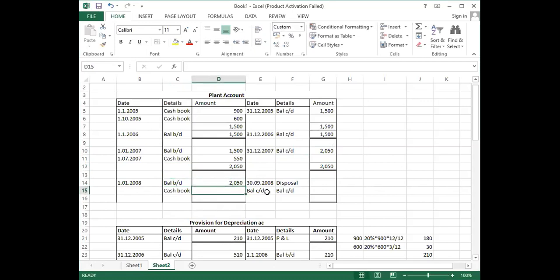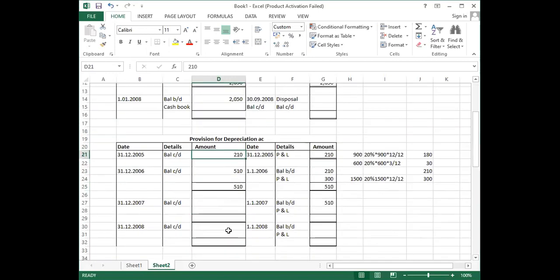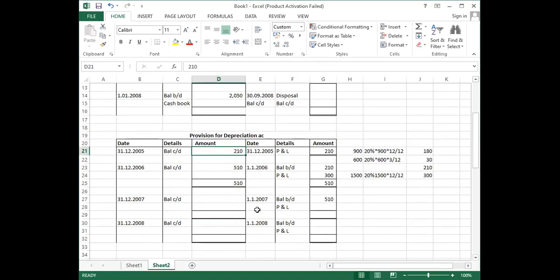So what will be the depreciation for year 2008? No, sorry, for year 2007? What will be our depreciation for year 2007?